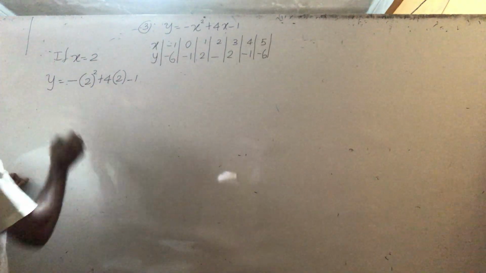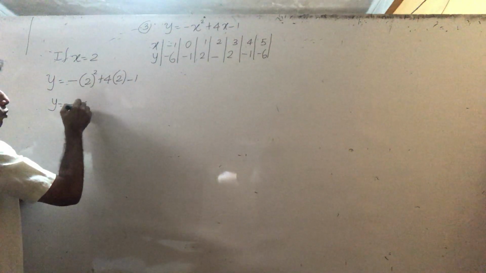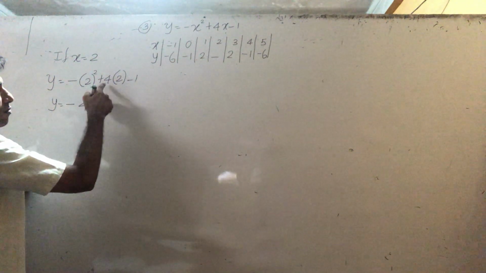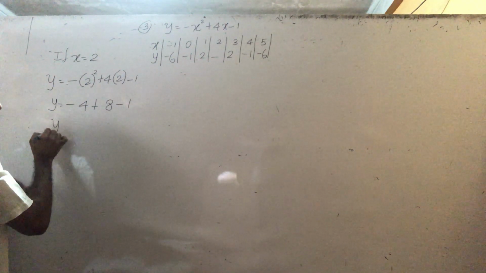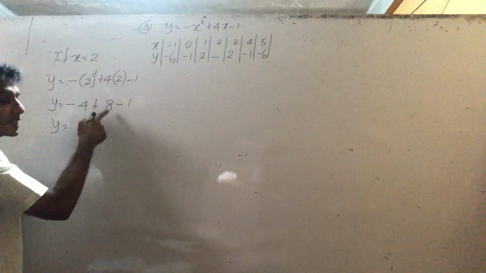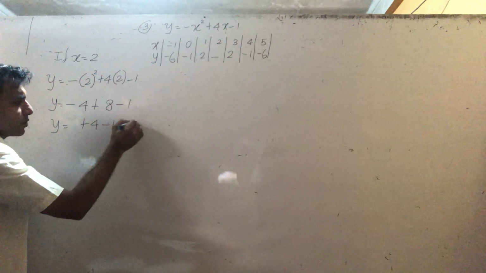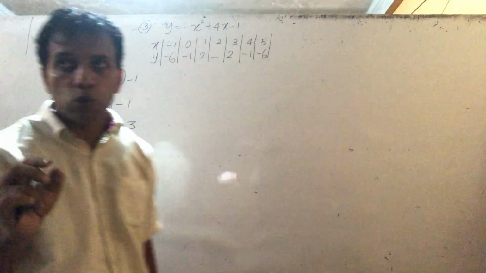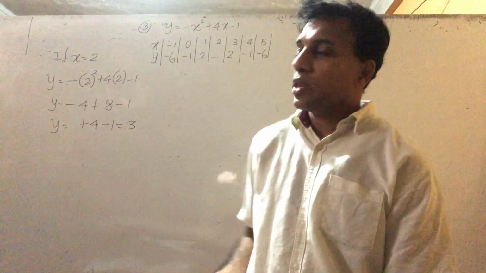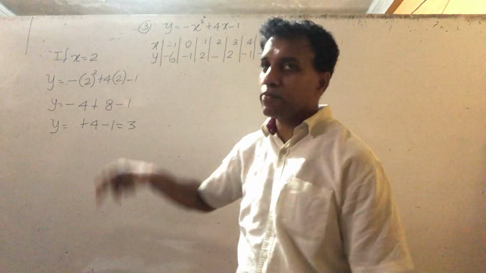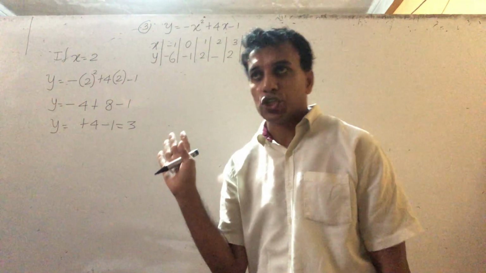Now simplify it. y equals minus 4, 4 times 2 is 8, minus 1. So minus 4 plus 8 minus 1, that's 3. In the table, if you misuse directed numbers, the minus and plus combination, you can get the answer wrong. If you get the table missing, you lose the marks. It is a very easy question in the exam paper.